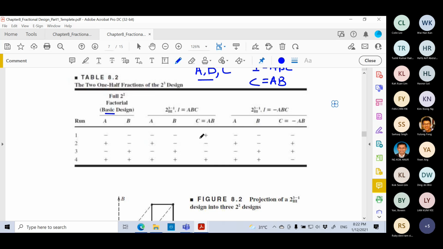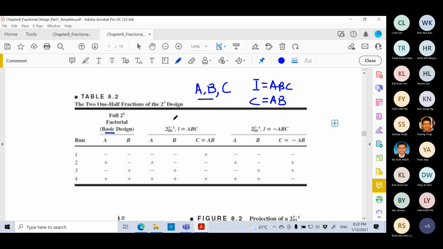This is what they mentioned, where we have a one-half fraction of the 2 power of 3 design. 2 power of 3 equals 8. You have 8 of them, and you only run one-half of them.